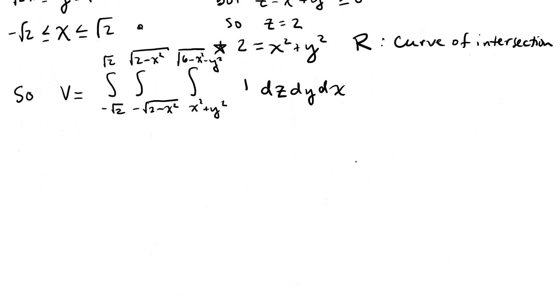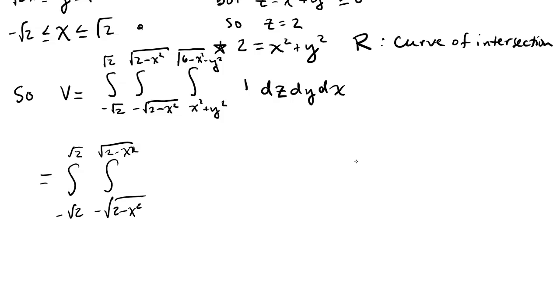Remember that whole thing, we're just integrating 1, and then we've got the order dz, dy, dx that we chose. Okay, so let's take a look at this integral. Taking dz, we just get a z on the inside. So we're going to have the integral from negative square root 2 to square root 2, negative square root of 2 minus x squared to square root of 2 minus x squared.